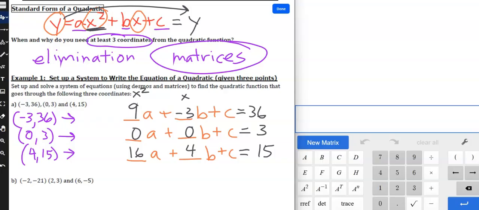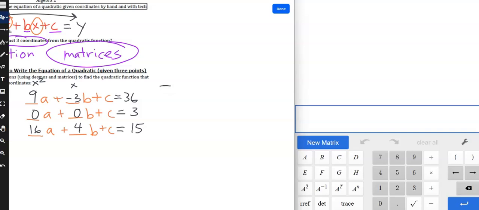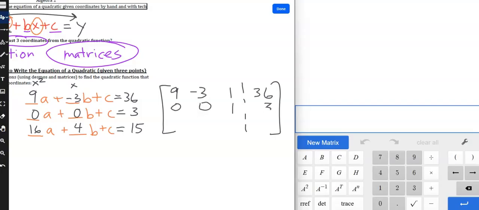Now that we have our equations, we can set up our matrix system. 9, -3, 1, 36. Remember how we would separate that last column off, because that's where my constants are. 0, 0, 1, 3, 16, 4, 1, and 15.